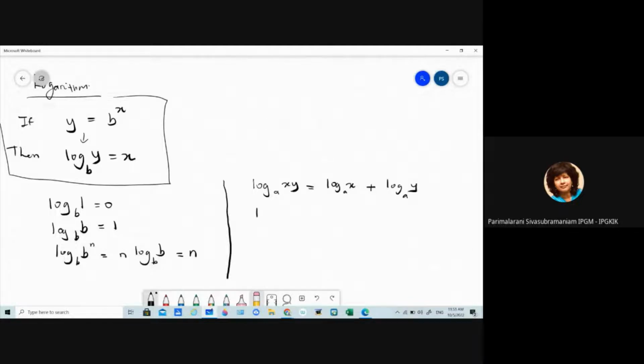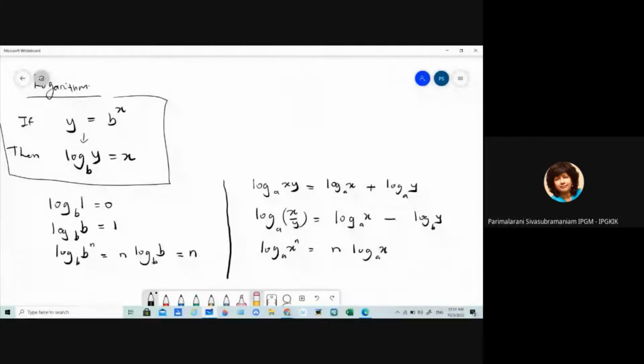Log x over y base a can be expanded as log x base a minus log y base a. So if multiplied, you add. If it's divided, minus. And log x to the power of n base a equals n log x. So anytime you have an exponent, you always bring it to the front.